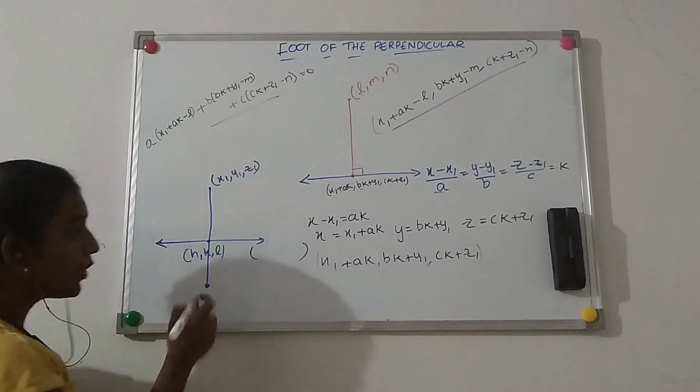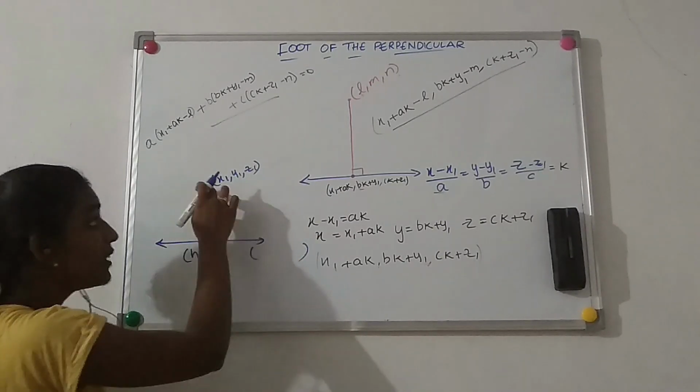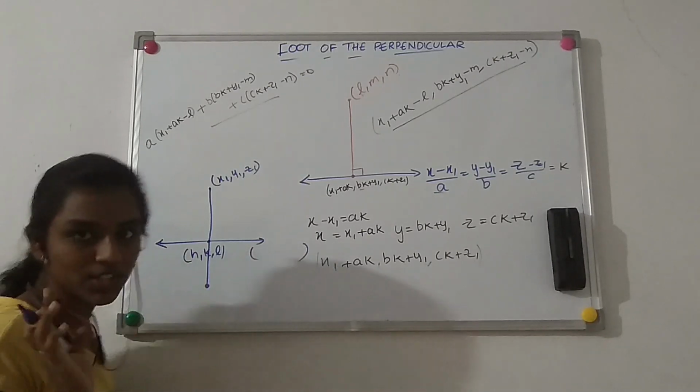I already told you that the foot of the perpendicular will be the midpoint of the given point and the image. Am I right?